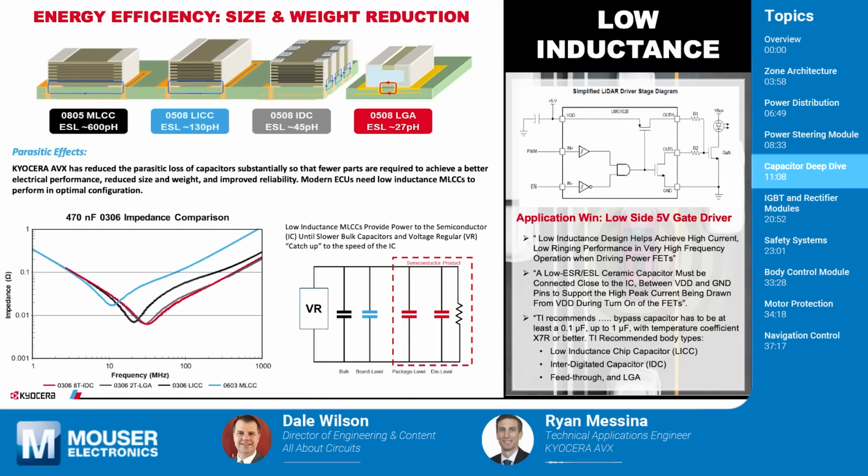And moving on here, you can see we have a variety of low inductance parts and geometries, footprints that we have to offer. From the top of this slide, you can see these are all essentially the same size part. They're just reverse geometry. So you have the standard 0805 MLCC, which is approximately 600 picohenries of equivalent series inductance.